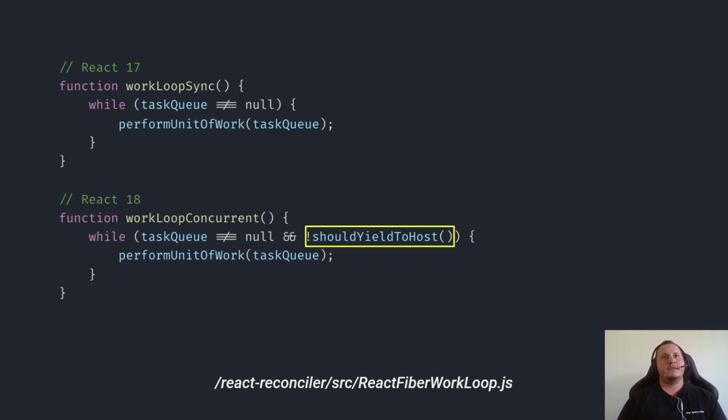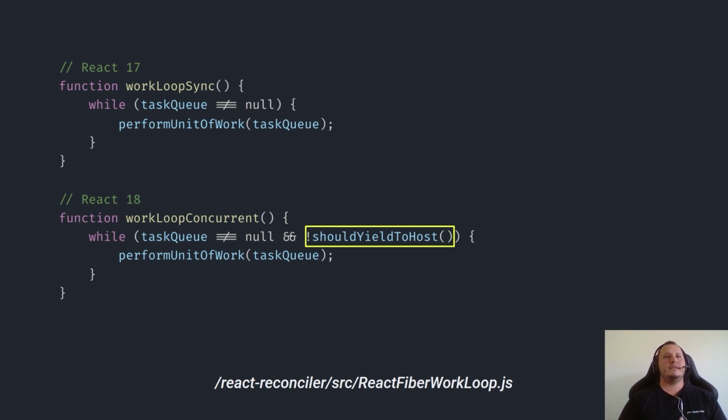React 17 does it with a function named workLoopSync, that will programmatically call a function called performUnitOfWork, and it will receive the first element of the task queue. While the task queue is not empty, it will continue executing one by one.